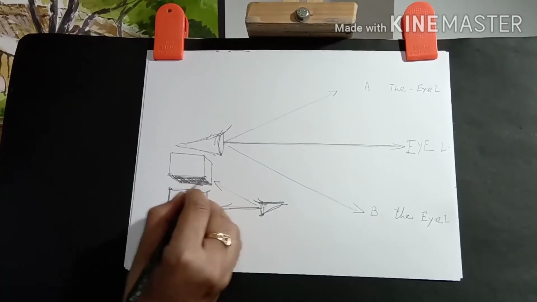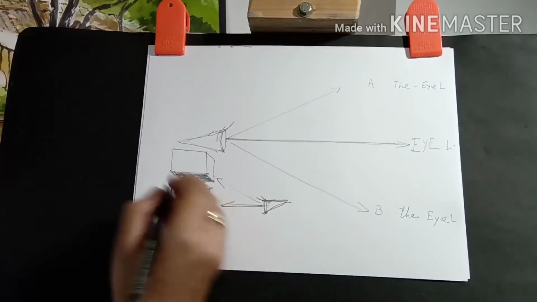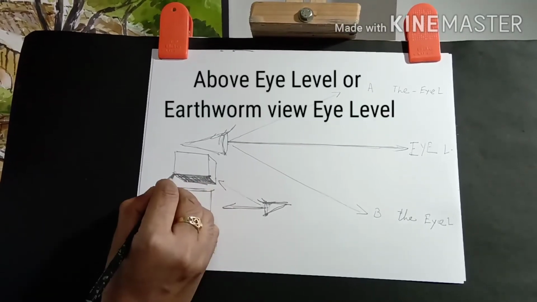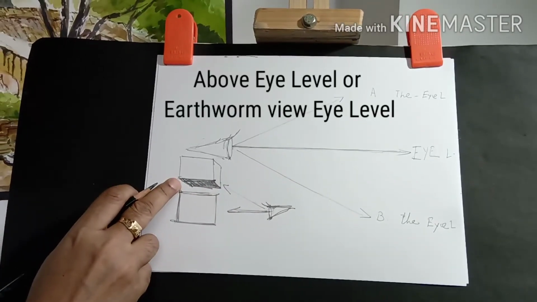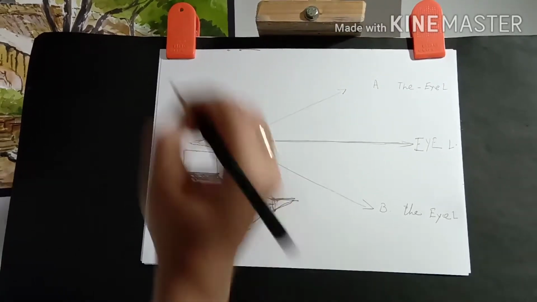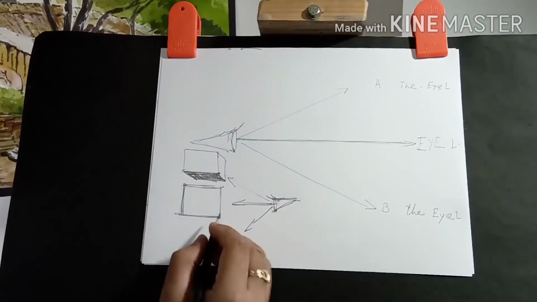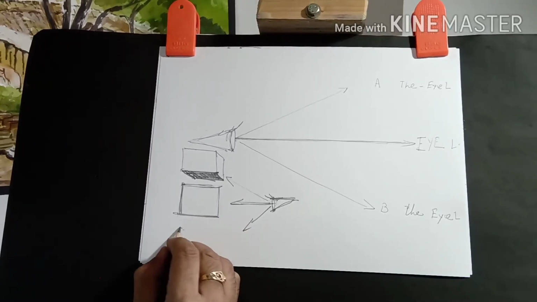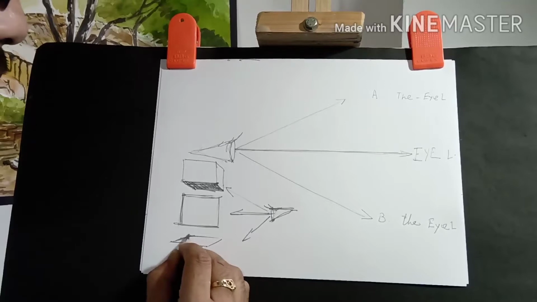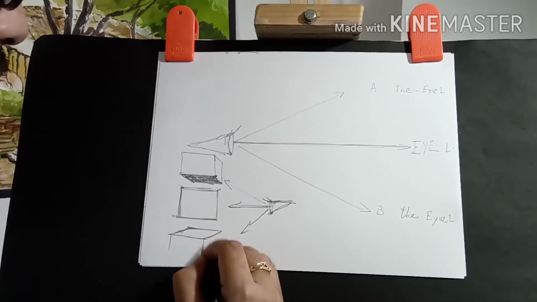It is above the eye level, or we can call it earthworm eye level. And if my eye level is here, then I can see the box like that.